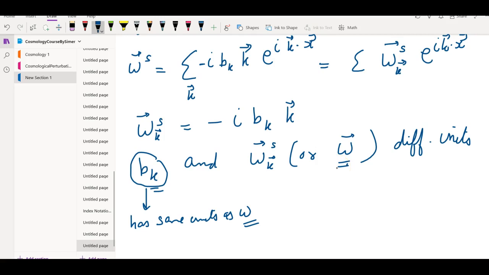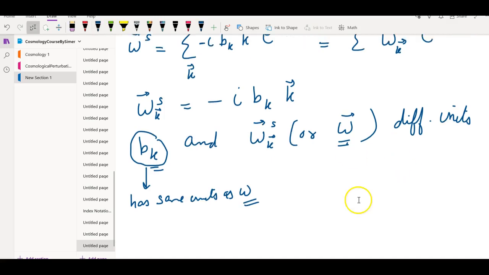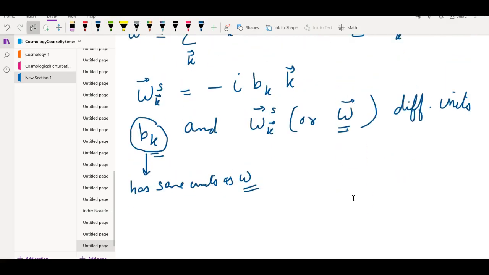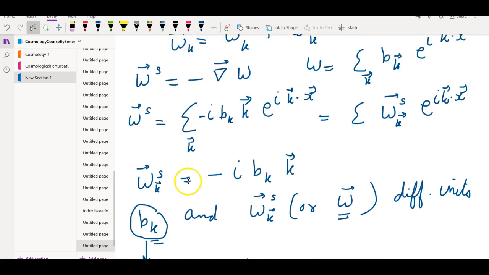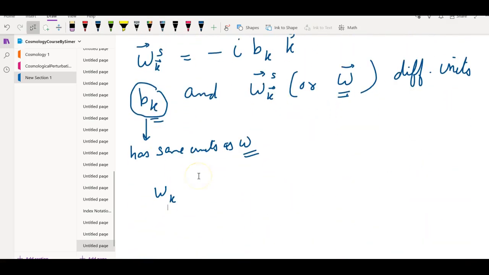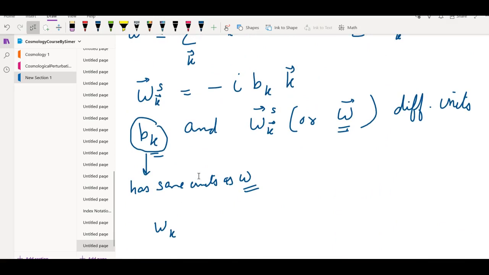So I'm replacing the vector with a scalar, but I want to keep the dimension the same.